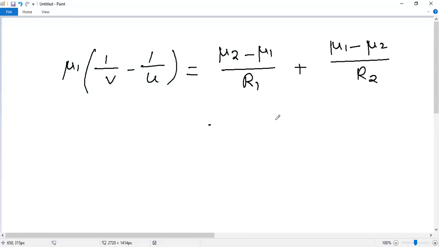In this step, I am just rewriting: here mu1 minus mu2 is there, and here mu2 minus mu1 is there.